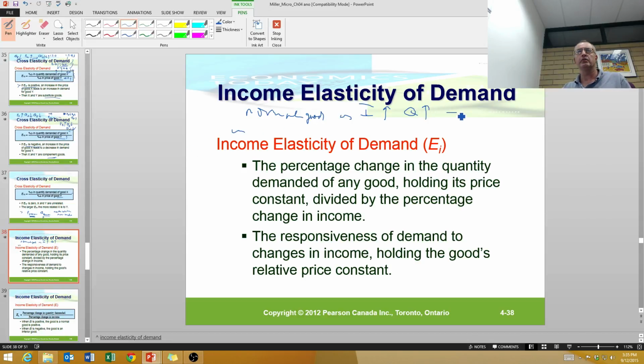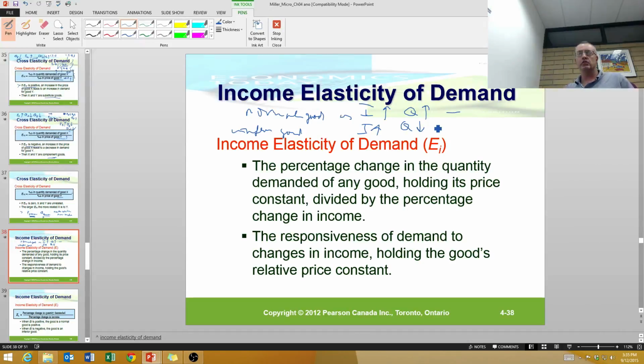A good example is vacations. As our income increases, our quantity demanded of vacations increases, so we have positive income elasticity. Then we also have inferior goods. As our income increases, our quantity demanded of inferior goods will move inversely.